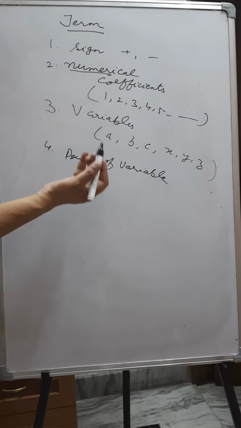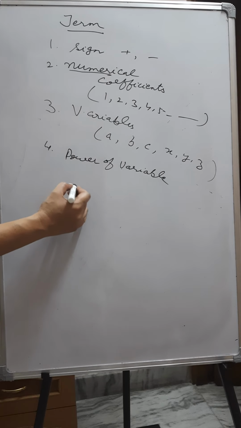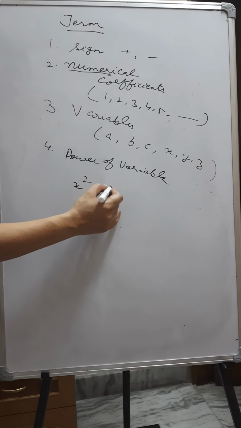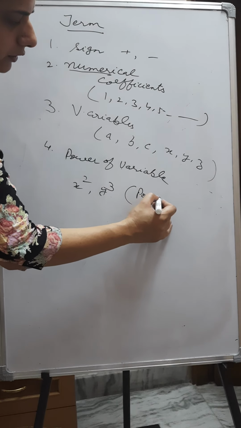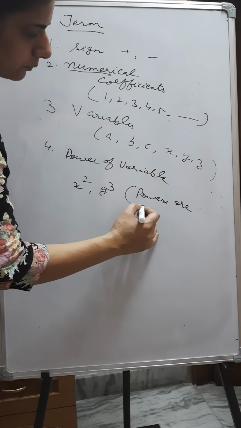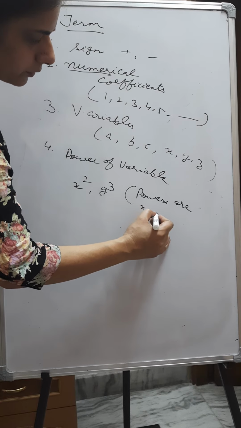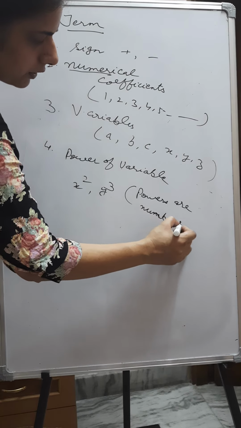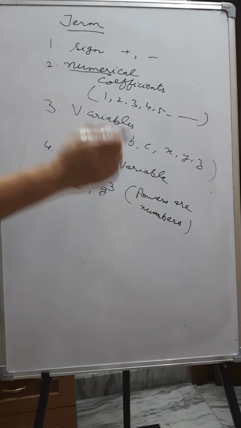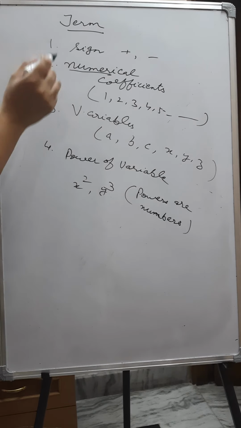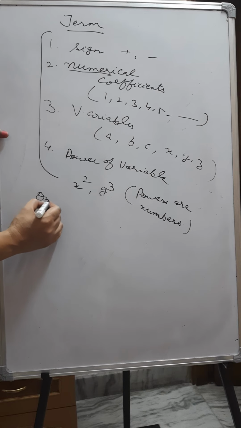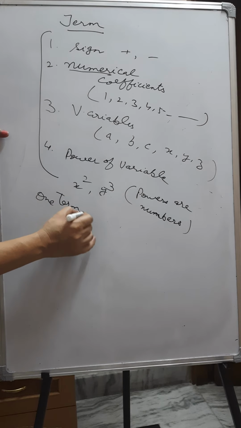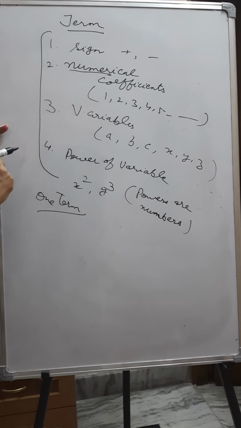As you have studied in the previous classes, x square, y cube, powers are again numbers. So to form one term, we require four things.